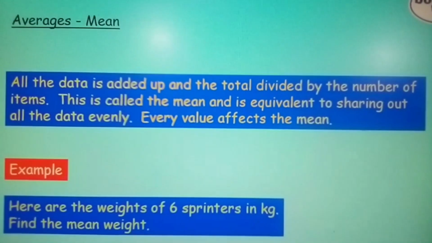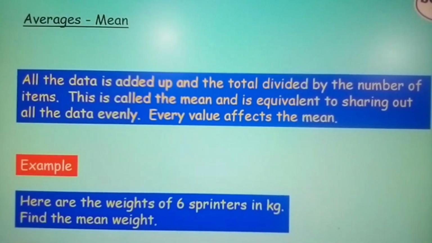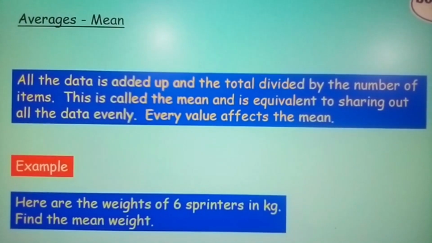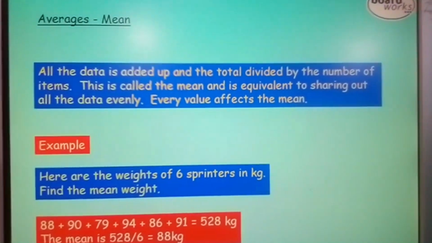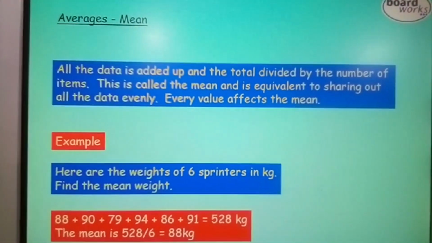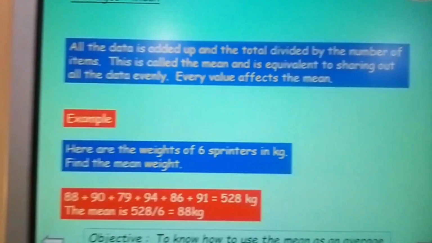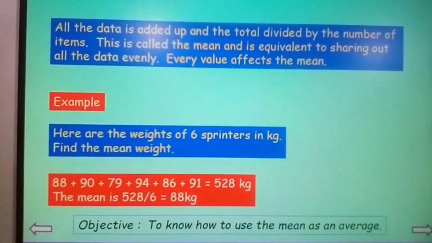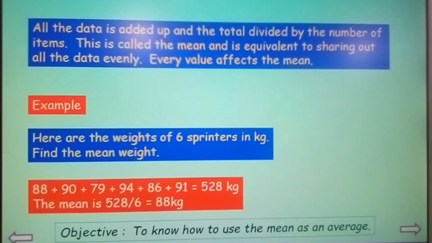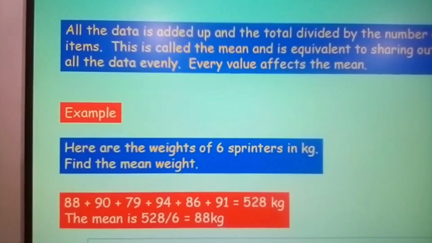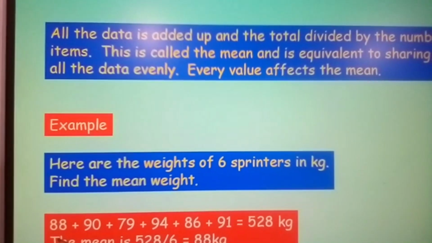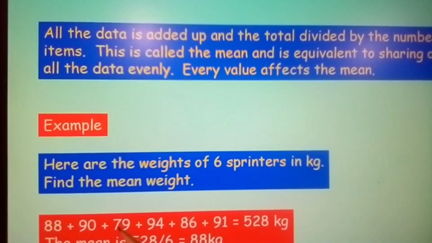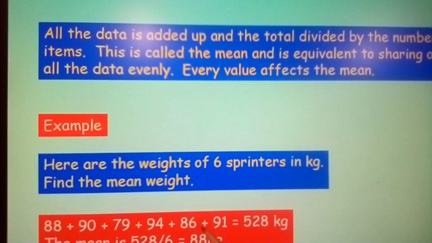Example. Here are the weights of 6 sprinters in kilograms. Find the mean weight. You can see here: 88 plus 90 plus 79 plus 94 plus 86 plus 91.